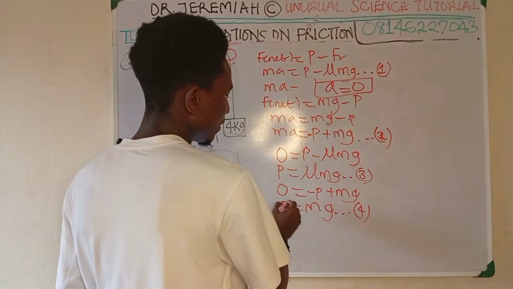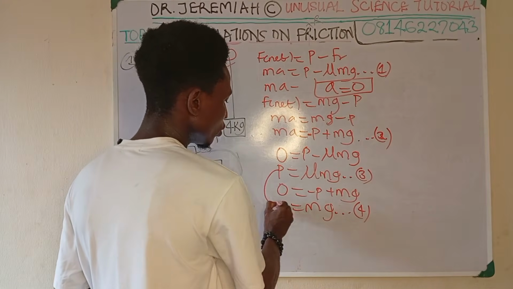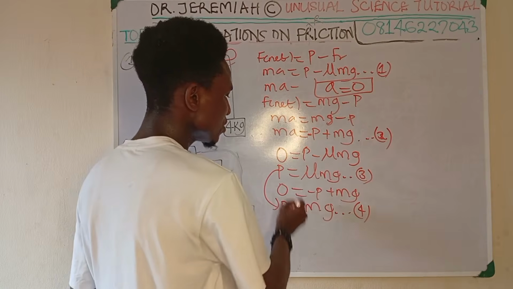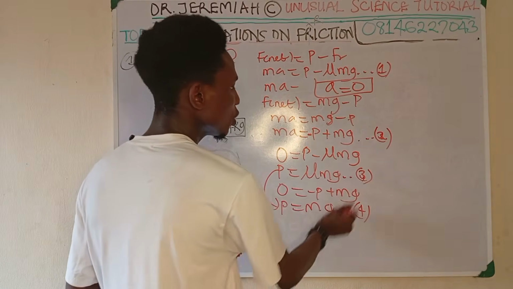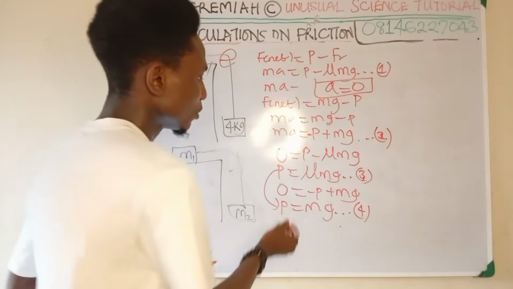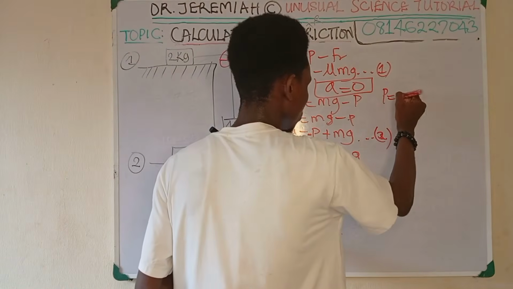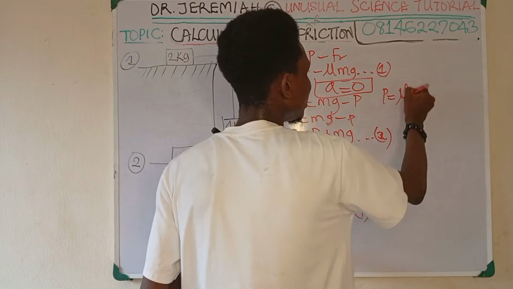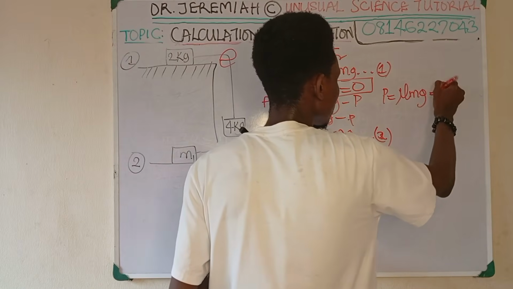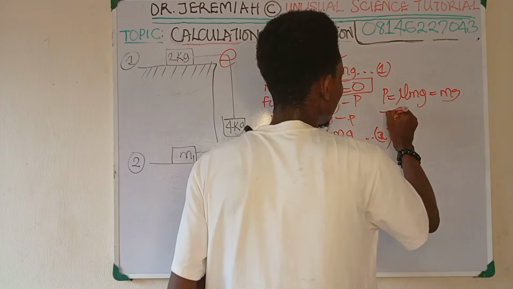Now since we have P equals μmg and P equals mg, it means you can equate both equations. No need to use simultaneous equations in this scenario because P equals this, P equals this. I purposely give this as an example because of other questions on stuff like this.